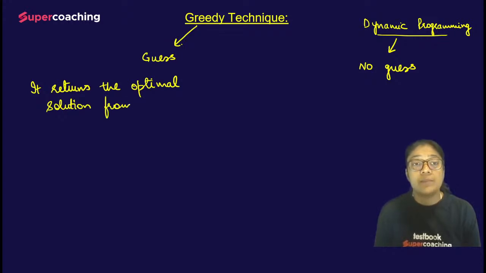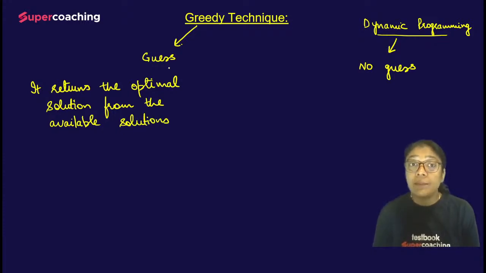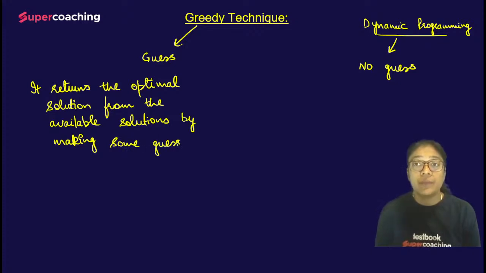from the available solutions, or on the basis of the current scenario, by making some guess. Is this difference clear to everyone?